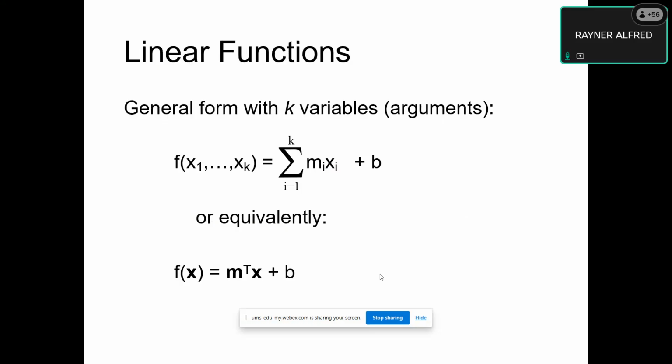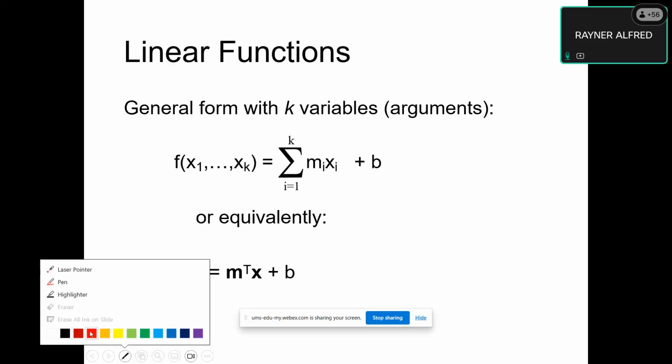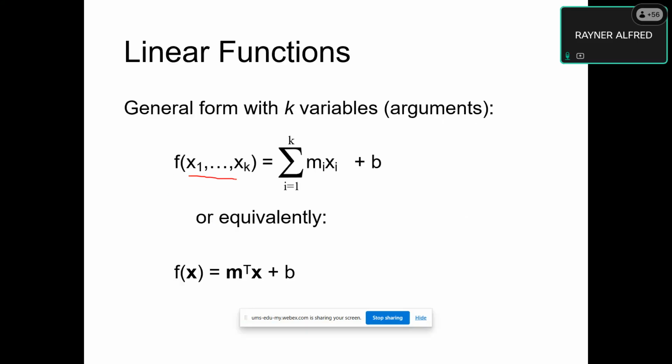So when we talk about linear, we will have a general form with k variables. So k refers to the number of variables that you have in your datasets. So given the input here, this is your input.